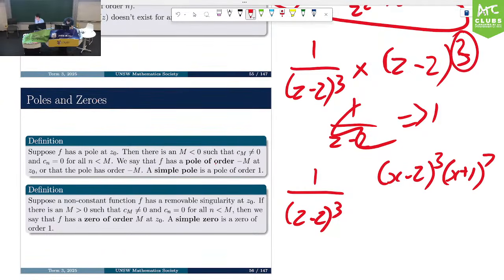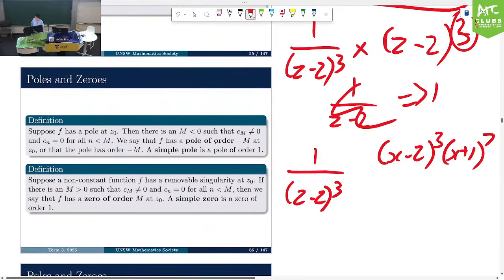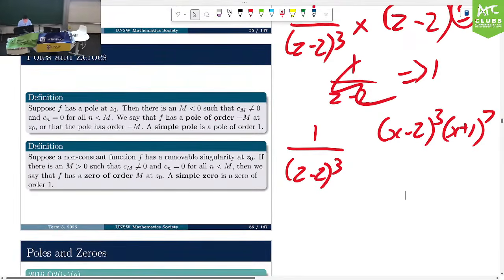I say x equals 2 is a triple root, and x equals minus 1 is a root of power 7. It's the same thing here, where I'm just looking at the power. Obviously that's not true for all cases, and I'll point that out with one example later. That's usually how I like to think of it, because I can usually get away with it.